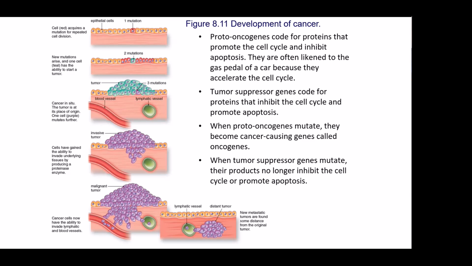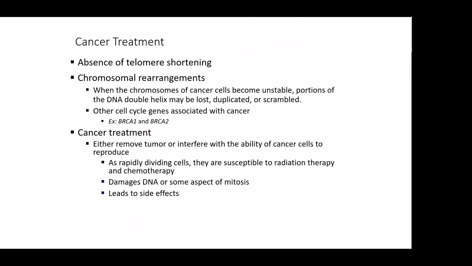All right. So one of the things that happens with cancer that doesn't happen with regular cell cycles is there are structures called telomeres, and they are a certain length. And as a cell goes through the cell cycle, the telomeres are kind of lost, kind of utilized.